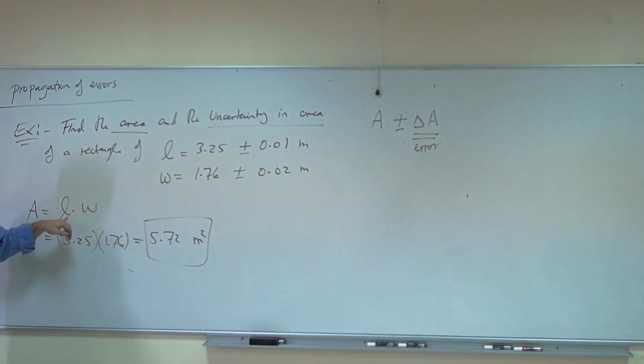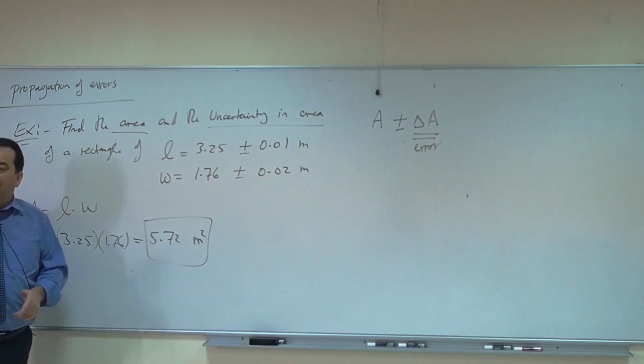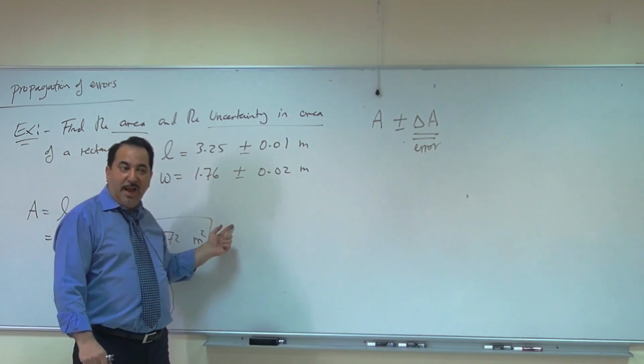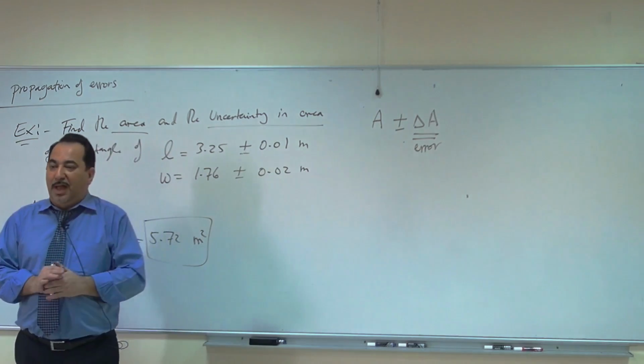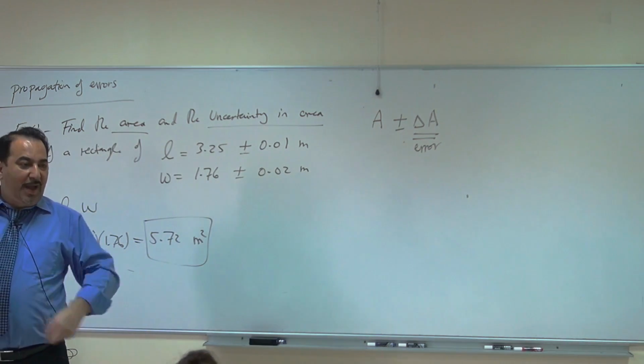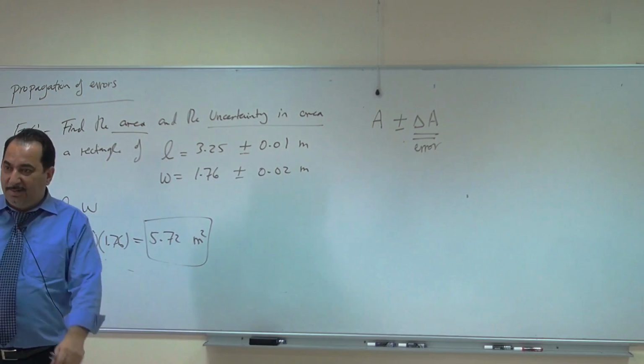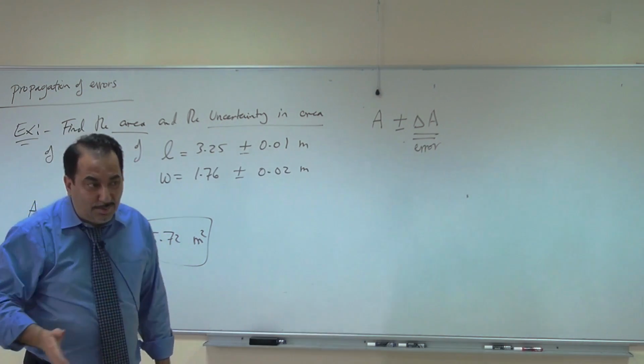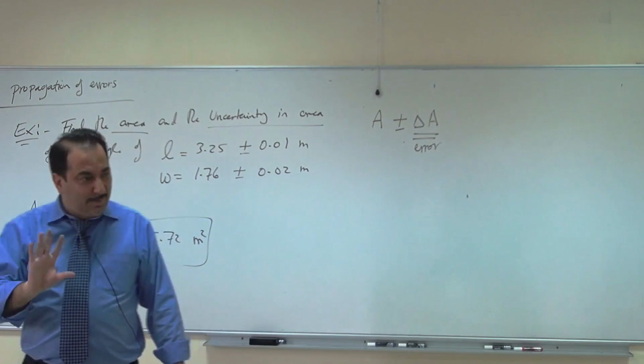So when you multiply maximum L and maximum W, you get maximum A. Then minimum L and minimum W give you minimum area. So you have maximum area, minimum area, yeah? And then you subtract. This is the first method I told you about, which we don't use, okay?